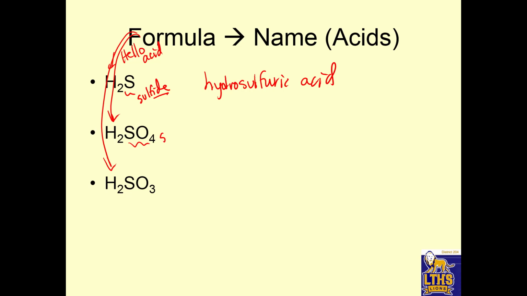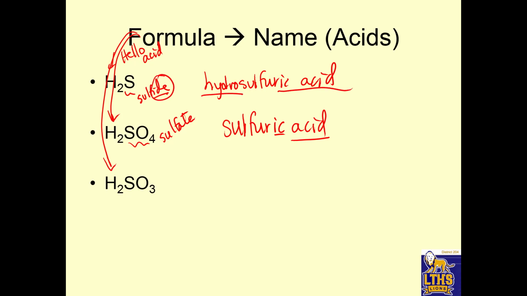This is sulfate. So, ic, sulfuric acid. All right, so this is ic acid, but it's not a hydro because it was ATE. Since it was an ATE, it's just ic acid. And then hello! Sulfite. This becomes sulfurous acid.